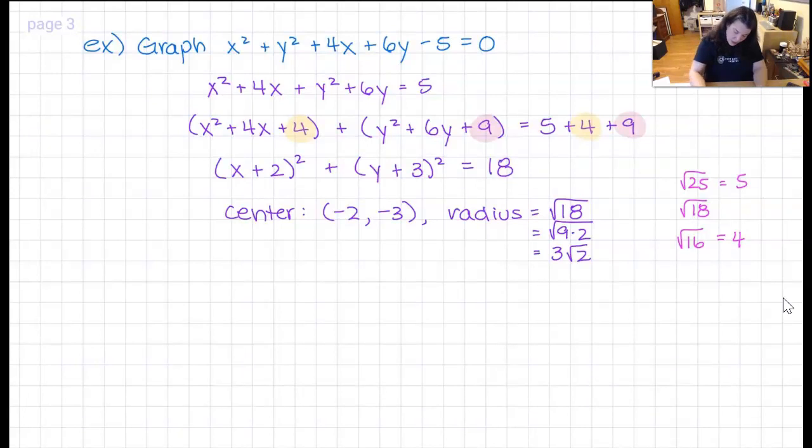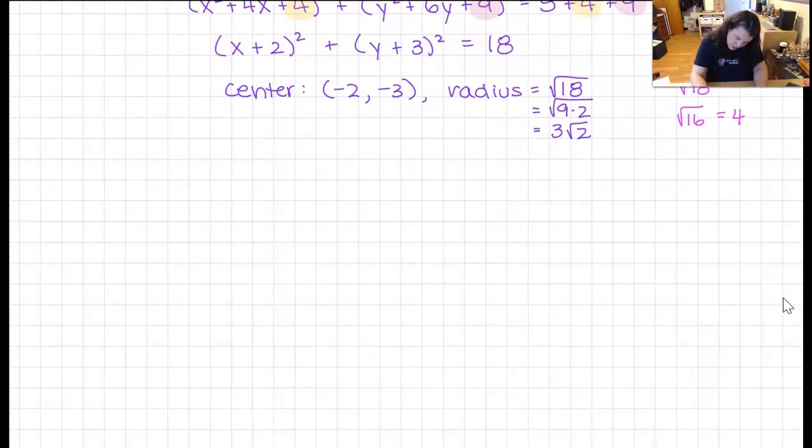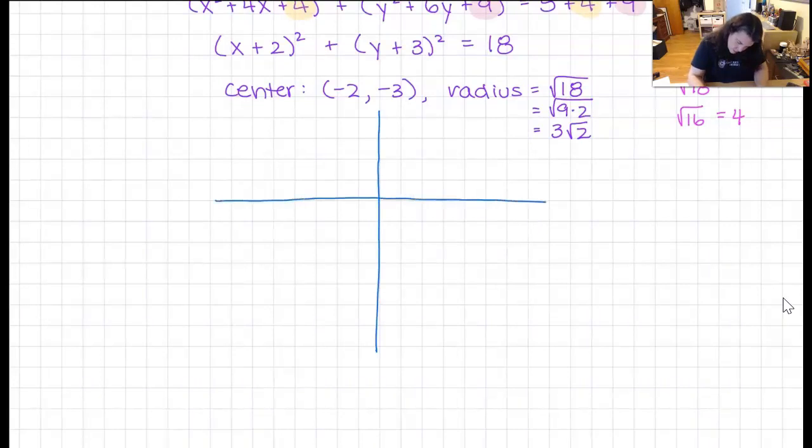So let's go ahead and graph it. I'm trying to plan ahead here. Let's scroll up just a little bit. -2, -3, there's my center, and then I'm going to go to my north, south, east, west points. I'm going to go a little bit more than 4 up, down, left, and right.